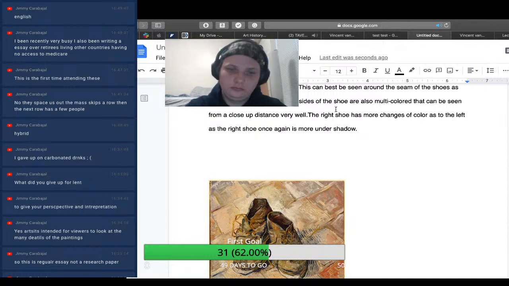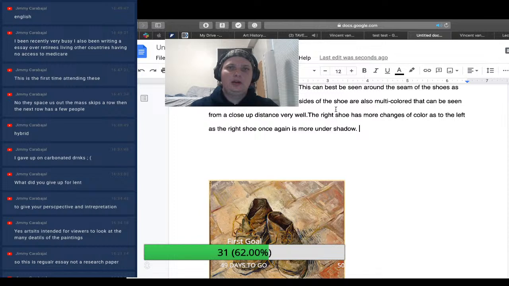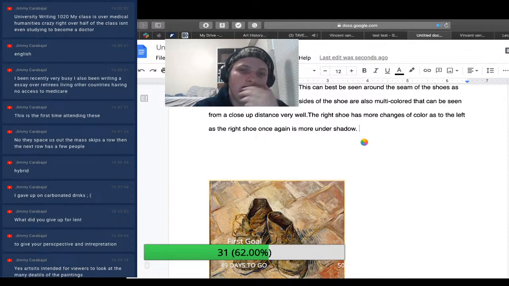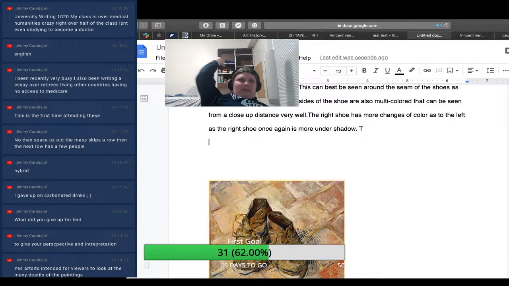I keep moving my computer. Stay. Okay. Also starting the sentence way too much with D. Uh-oh. We're starting to get the circle of death. Oh, this chair is so uncomfortable.